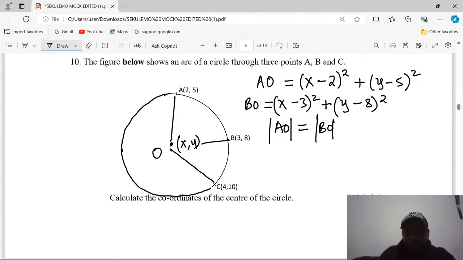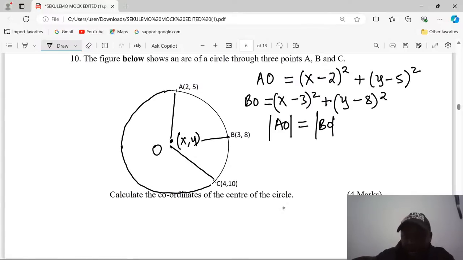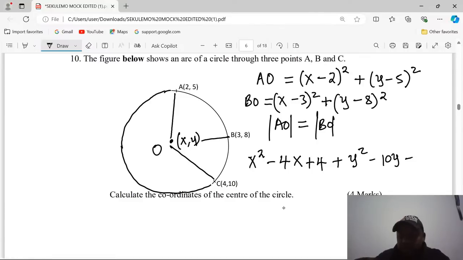So we can now start equating a few things here, and we can expand actually before equating. We can expand X minus 2 squared, it will be X squared minus 4X plus 4. That is the first bracket expanded. Then plus the second one, we have Y squared minus 10Y, because 2 times Y times 5, we add 25 when we square 5.